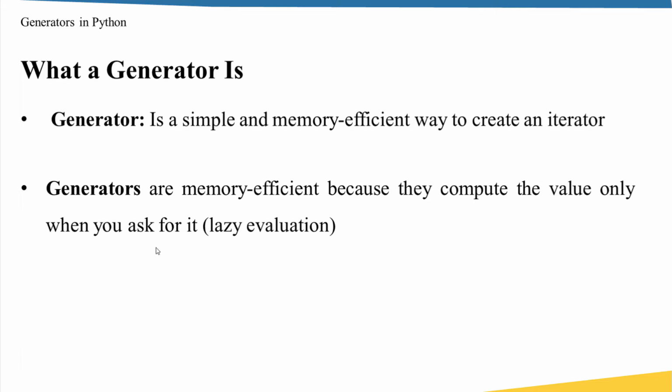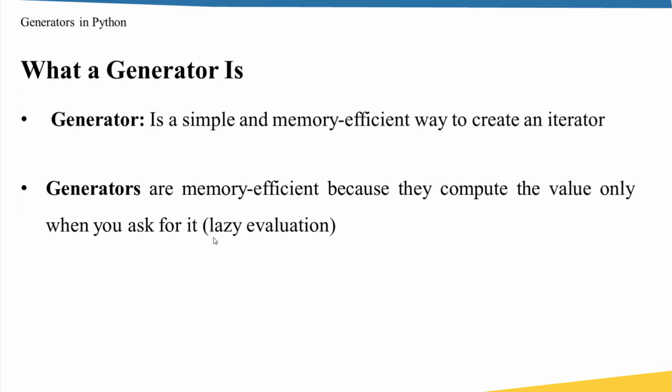To understand why a generator is important, let me give you a simple example. Assume you have a large text file and you want to count how many times the word hello occurs in this file. The size of the file, let me say, is 32 GB, but you have only 16 GB of RAM. In this case, you are not able to load the complete file in your RAM. So what is the solution? The solution is a generator.